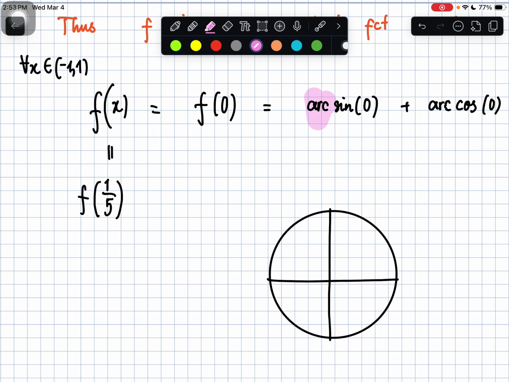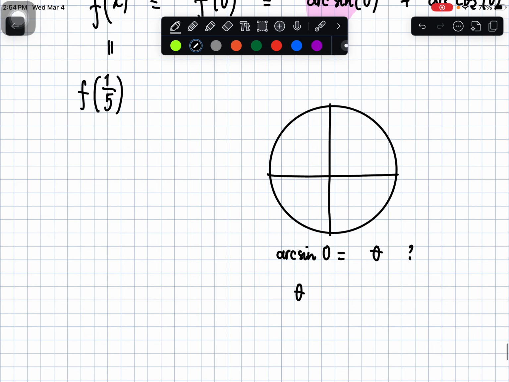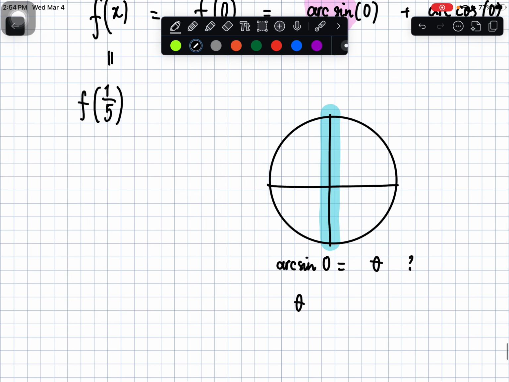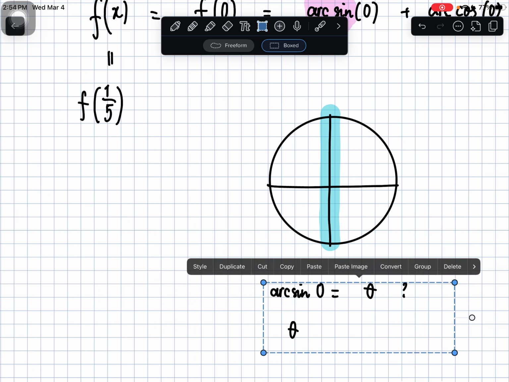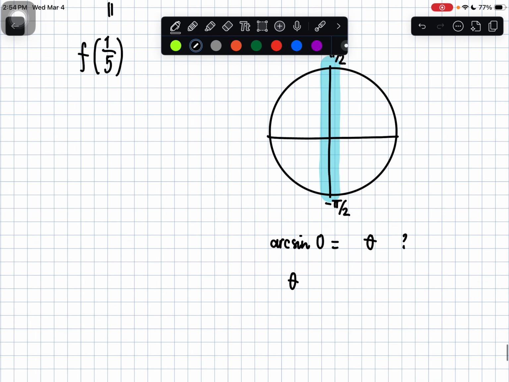Arcsin of 0. We need to find what it is equal to, an angle theta. The sine axis is this axis. By convention, theta must be between minus pi over 2 and pi over 2.